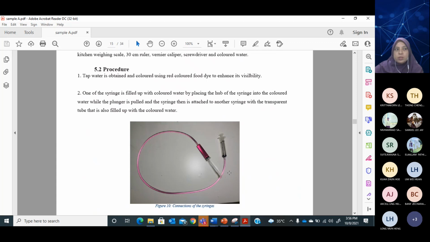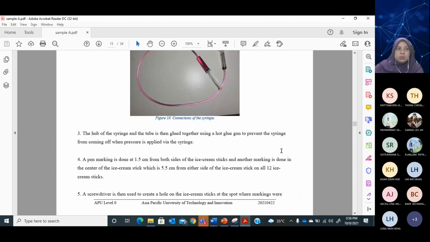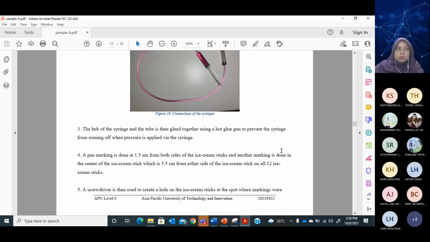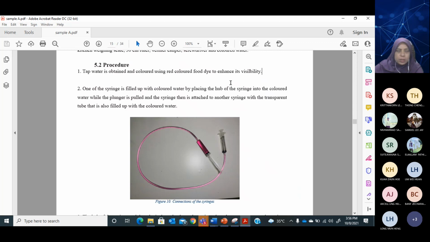If it is white or transparent, you cannot see, right? So he made it pink so that it is more visible. One of the syringes is filled up with colored water by placing the hub of the syringe into the colored water. Can use watercolor also. No need to use food dye.